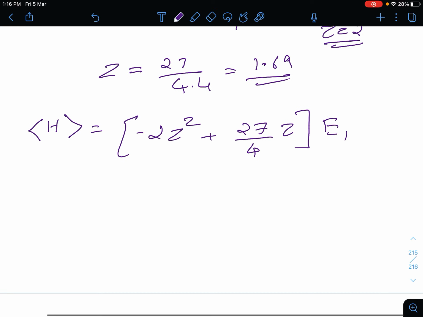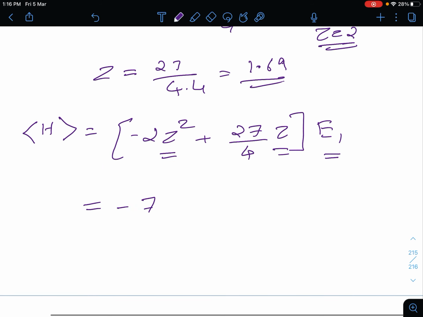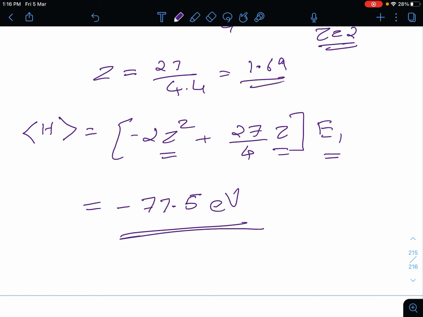So when you do this and put z is equal to 1.69, and obviously E1 we can put back as minus 13.6 or something like that, when we put that back into the equation, you will be getting this is equal to minus 77.5 electron volt. That is quite near.